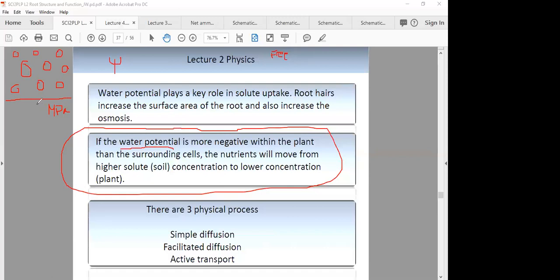One, you're close, it's 0. This is the reference point for determining water potential. The reference point is that of pure water, and it's given the number 0 megapascals.